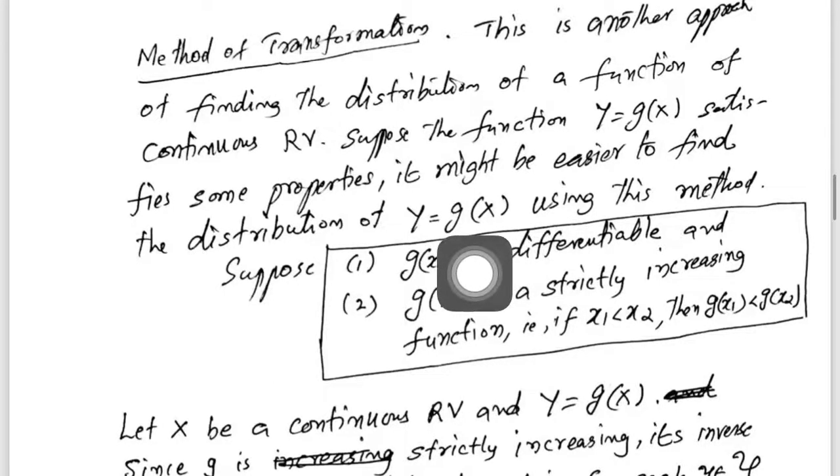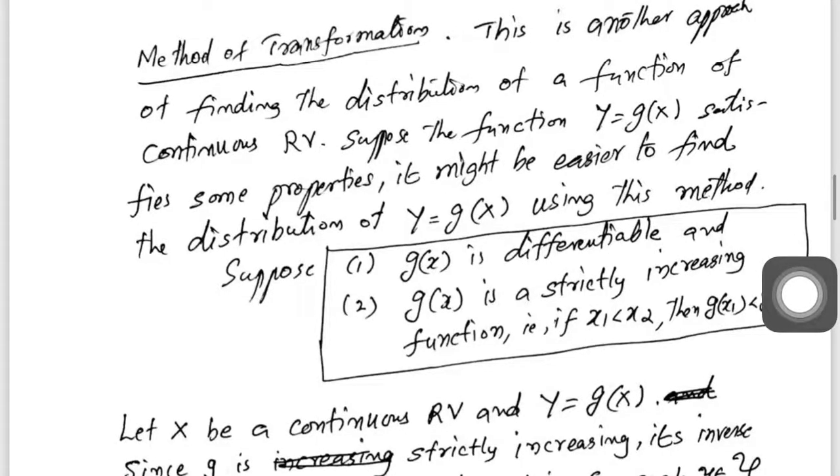A function which is either strictly decreasing or strictly increasing is called a monotone function. A monotone function means either strictly increasing or strictly decreasing. So we shall discuss a special method called the method of transformation when the function g of x is monotone.